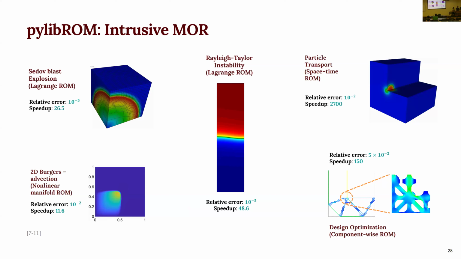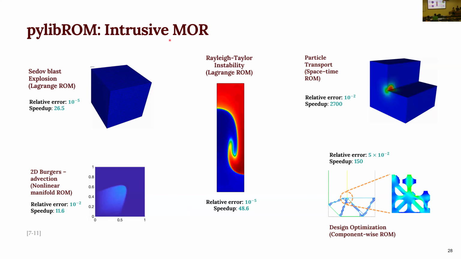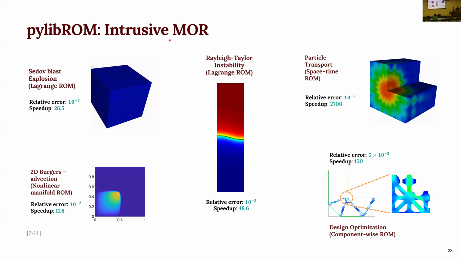This slide showcases the intrusive model reduction capabilities of pylibROM. pylibROM not only hosts the traditional model reduction strategies such as pROMs or projection-based ROMs, but also innovates on new model reduction techniques such as nonlinear manifold reduced order modeling, space-time reduced order models, component-wise reduced order models, etc. And as a result, pylibROM is capable of solving a wide range of problems, starting from Lagrangian hydrodynamics problems, particle transport, to design optimization.